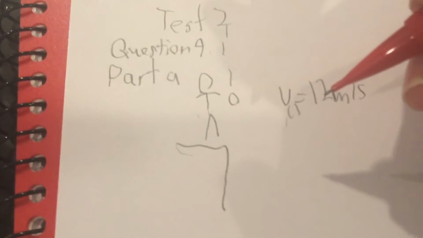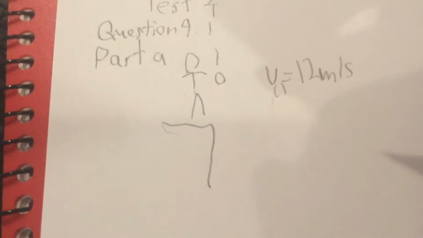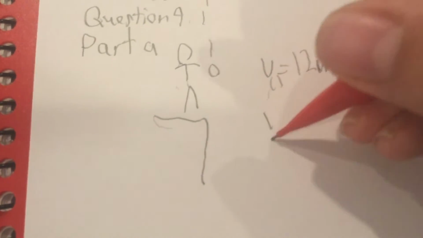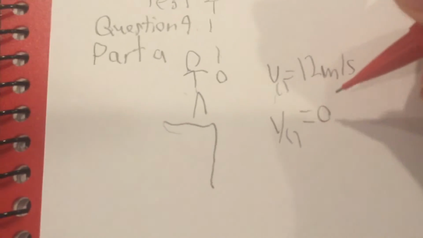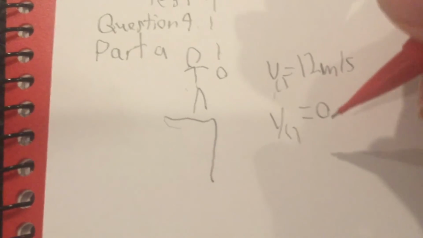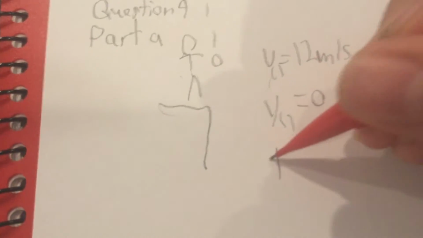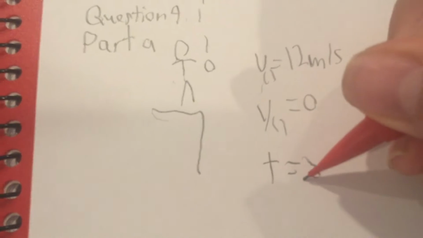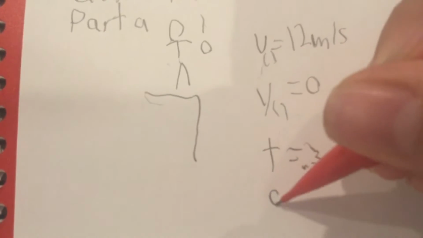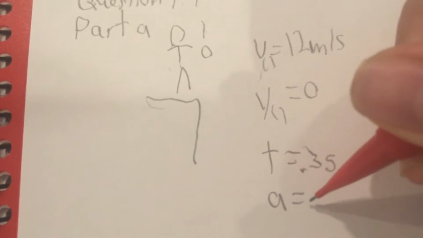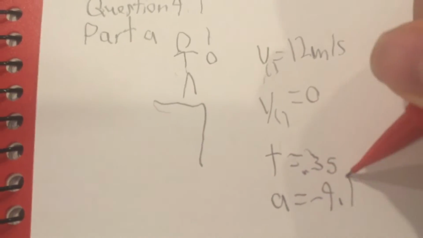Air resistance can be neglected. Take the positive y direction to be upward and choose y equals 0 to be the point where the ball leaves your hand. So y naught equals 0. Find the ball's position at 0.3 seconds after it leaves your hand. T equals 0.3 seconds. Acceleration equals negative 9.8.